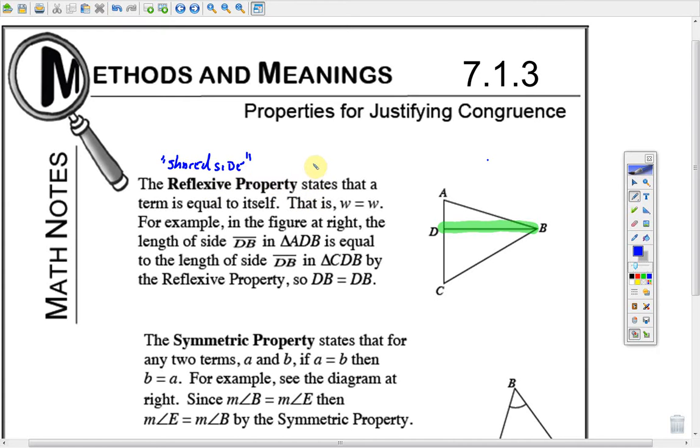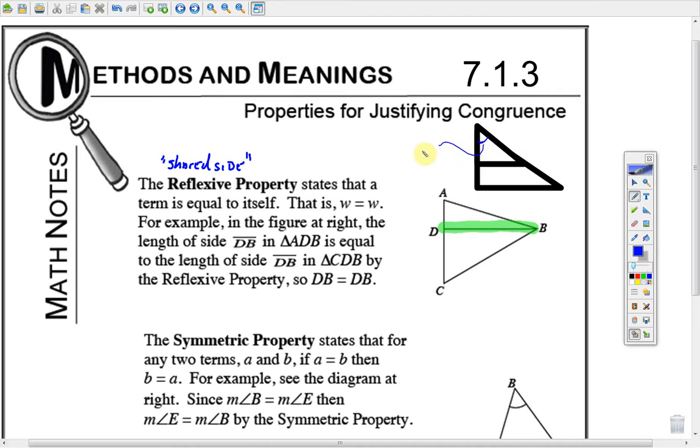You may also have a shared angle between two triangles. If you had something like, let's see if I can draw it, something like this, we can see that this angle would be part of the top triangle, the smaller triangle, and part of the larger triangle.